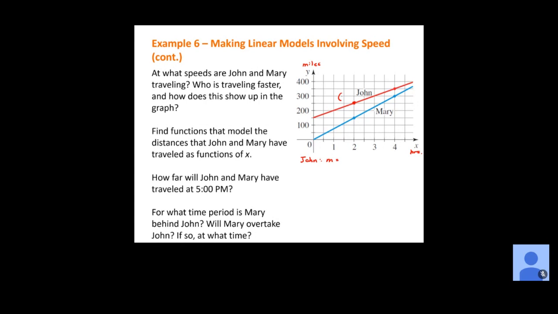Looks like 250, so 2 would be the x, 250 would be the y. And then his other point up here would be what? Good, that's going to be 350.